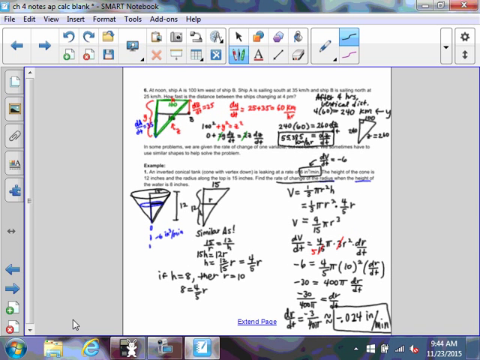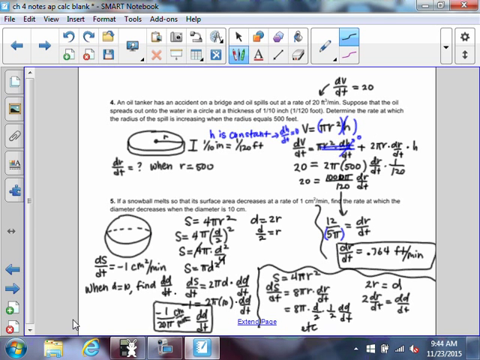Oh, I do want to mention one last thing too. On the AP test, they're always going to look for a final sentence. So on ones like number 5, so it said, find the rate at which the diameter decreases. You have to be very, very careful. You cannot do double negatives in math. Does this make sense? So you can't say it decreases at a rate of negative 1 over 20 pi centimeters per minute.